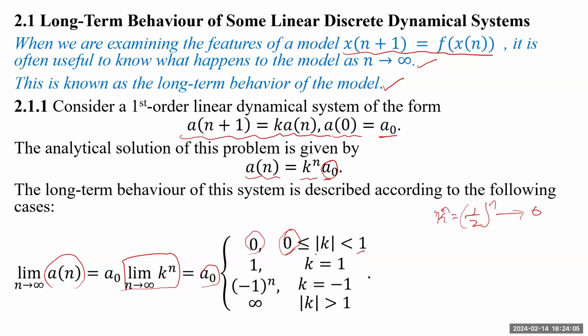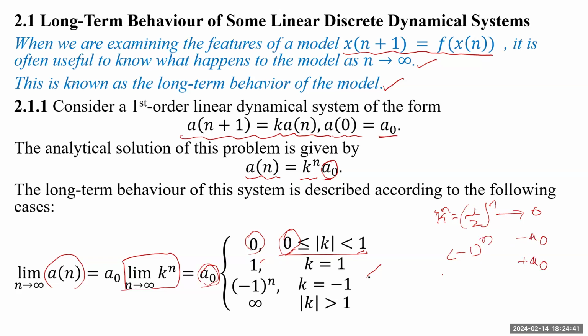So if the modulus of the k value lies in this range, the long-term behavior approaches 0. What will happen if k is equal to 1? Then obviously it is 1. If k is equal to -1, this will be oscillating because of -1 to the power of n. So the values lie in between -1 and +1. With A naught, the values lie in between minus A naught and plus A naught.